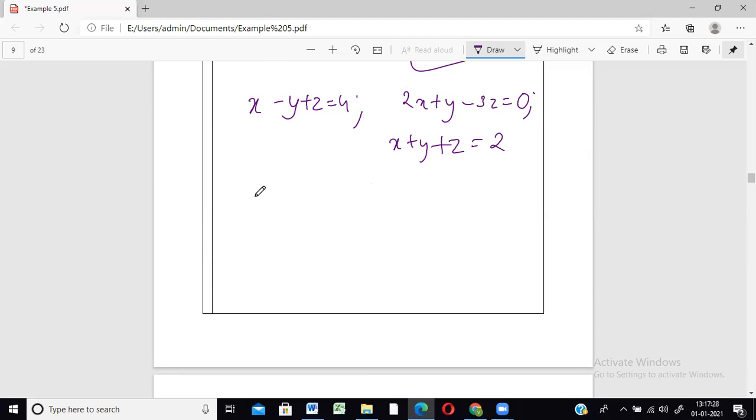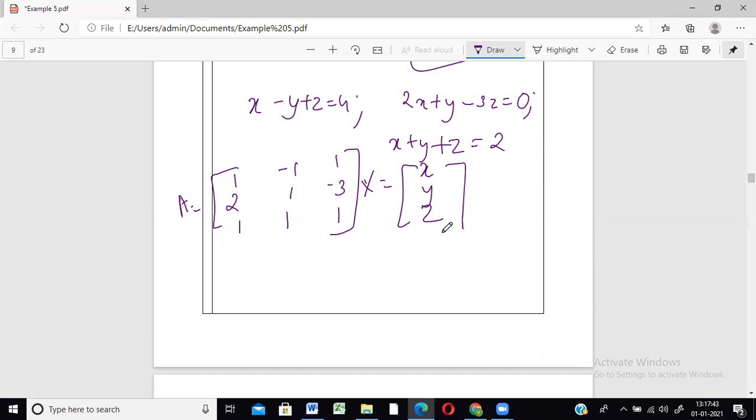Now we'll write that AX is equal to B, where A is equal to 1 2 1, minus 1 1 1, 1 minus 3 1. X will be equal to x, y and z now, right? And then B will be equal to 4 0 2, the constants.